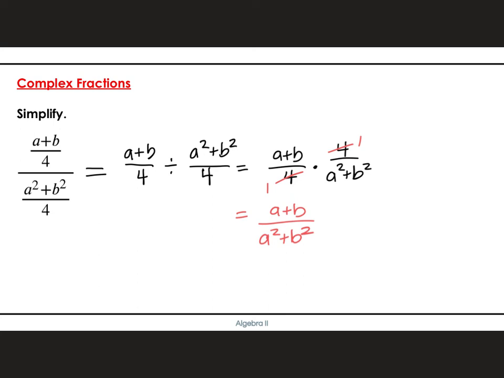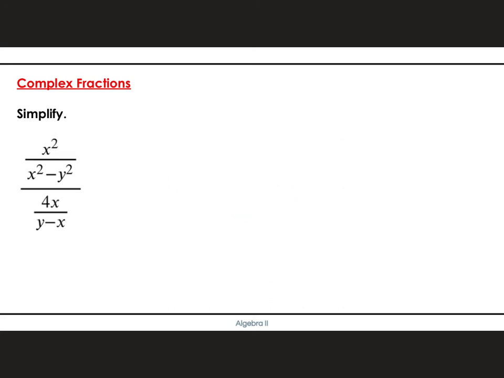All right, last one. All right, so we have x squared over x squared minus y squared divided by 4x over y minus x. So the first thing I'm going to do is rewrite it. So that's going to be x squared over x squared minus y squared divided by 4x over y minus x.